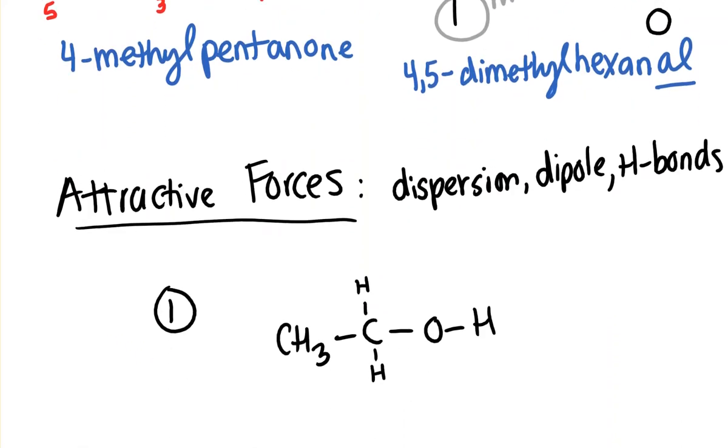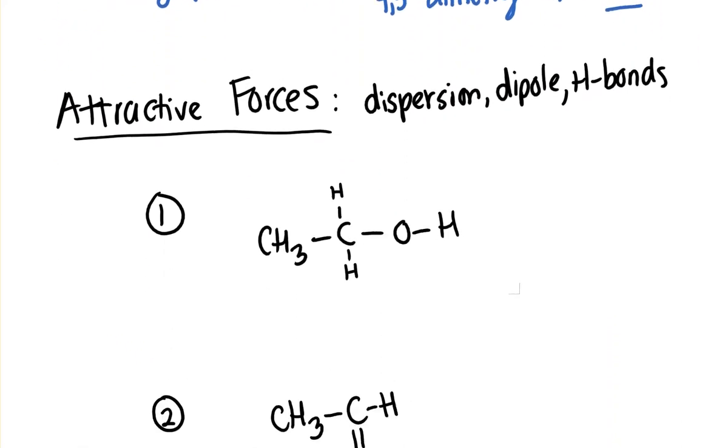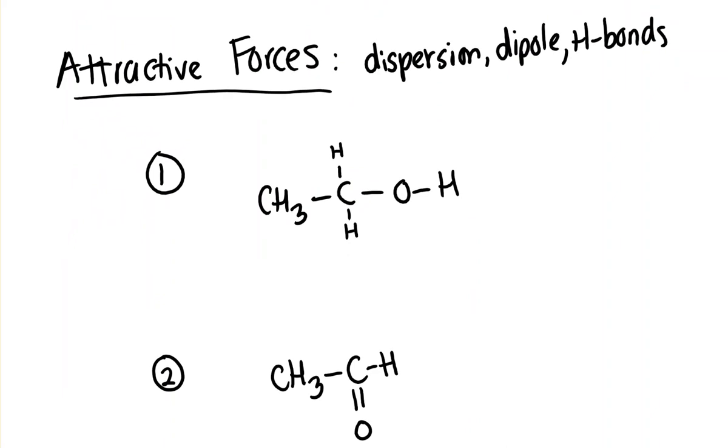Our other topic for today is to start looking at attractive forces in these organic compounds. To do that, I find that the easiest way to make sense of this is to sort your compounds into groups depending on how strong their attractive forces are. So I've numbered these groups 1, 2, 3, and you'll see on your handout I use the same criteria.